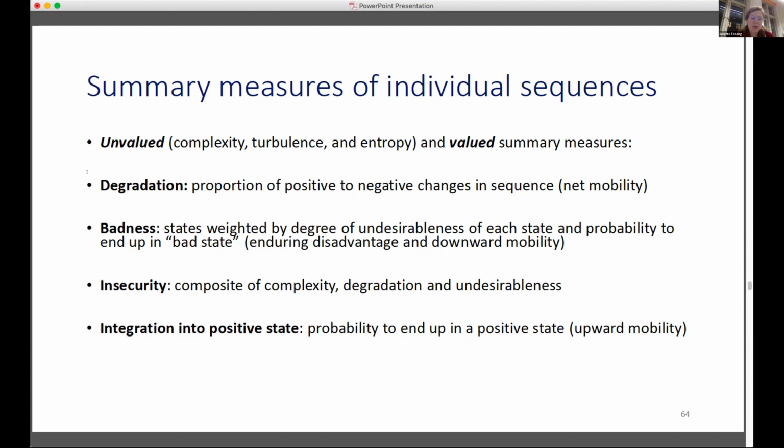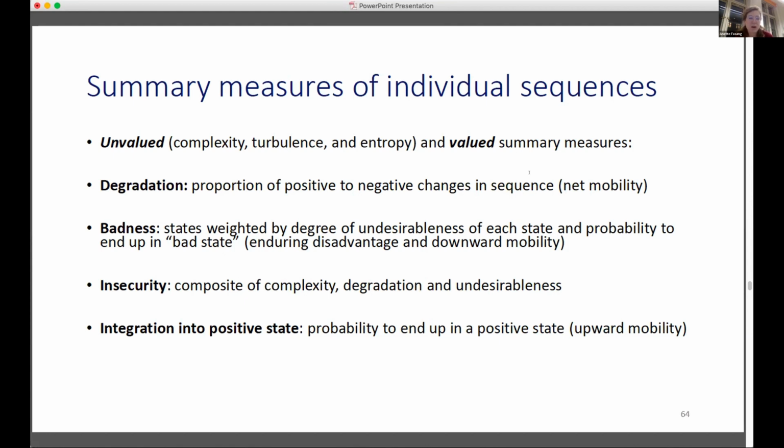So some prominent ones of the valued ones are so-called degradation index, where you compare the proportion of positive to negative changes in the sequence. So in the stratification sense, you can think of this of net mobility in a work career.